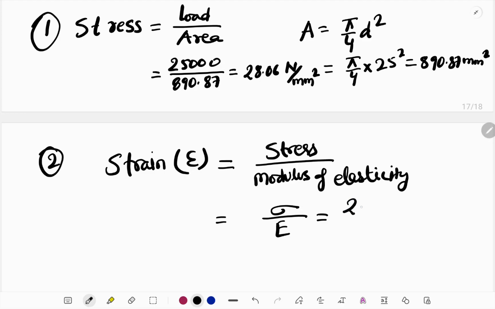That is 28.06 divided by the modulus of elasticity, given as 2.1 into 10 to the power 5.